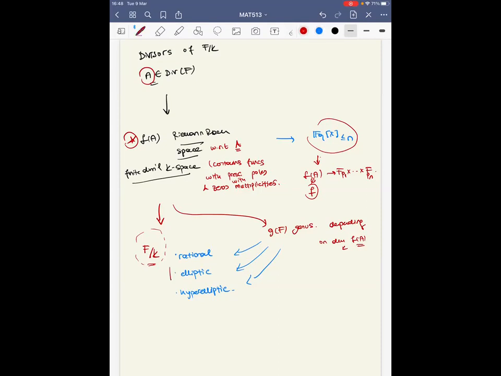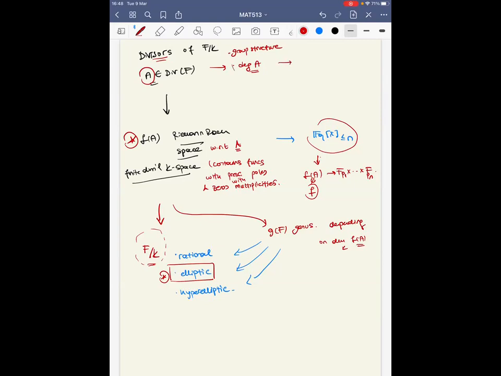On the other hand, another motivation, particularly for the elliptic function fields, will be to use the group structure of what is called the divisor group of a function field. And particularly, as we defined the degree of a place, we will define the degree of a divisor.